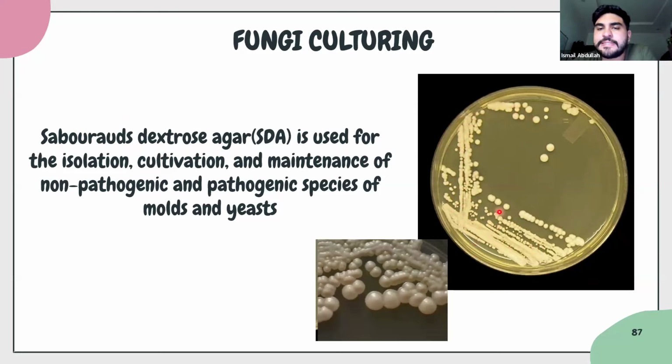This is usually like Candida albicans, but anyway, this is fungi on Sabouraud dextrose agar. You have to know the full form. You have to write this out because sometimes they're not going to accept short forms. So you have to know what's called Sabouraud dextrose agar. This is very important.